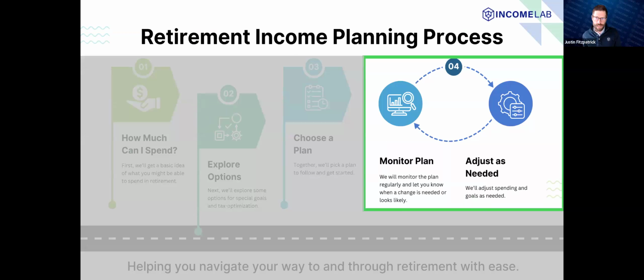Once we are in the monitor phase, the one key thing to understand as an advisor is you're no longer asking the question, what can I spend? And you're not even asking, how do I spend $10,000 net of tax? Instead, at this phase, you're asking, should I change anything? Because the default is no, keep doing what you're doing.